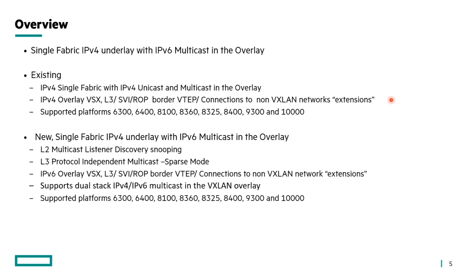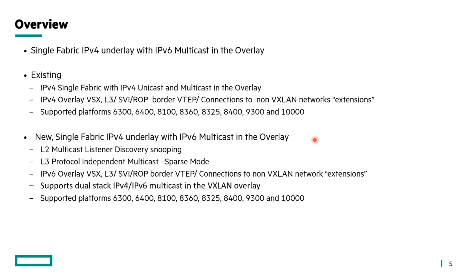You'll also see the term extensions in some of the notes, and this is typically a connection to a non-VXLAN network. Current supported platforms are the 6300, 6400, 8100, 8360, 8325, 8400, 9300 and the 10000.